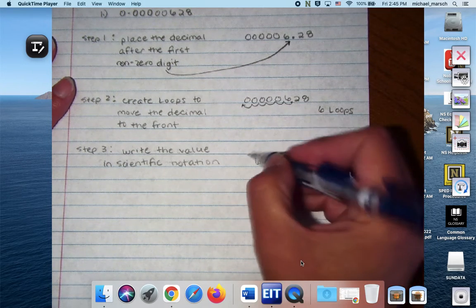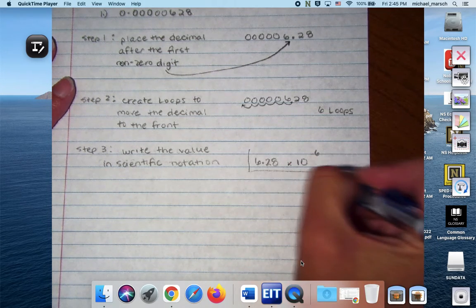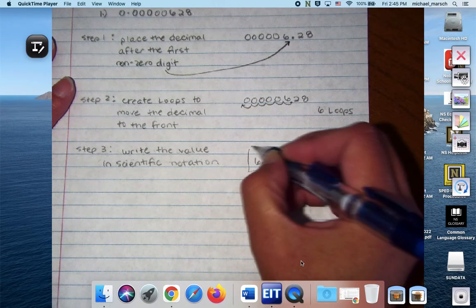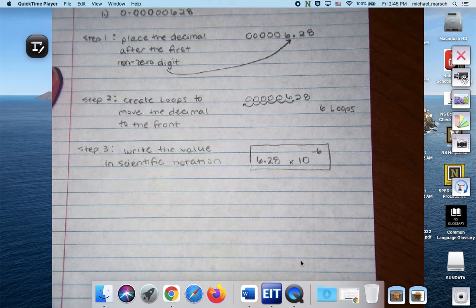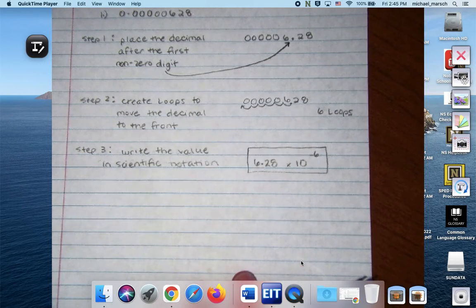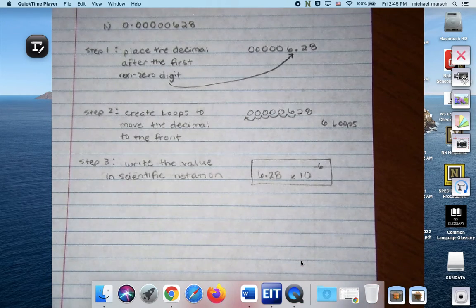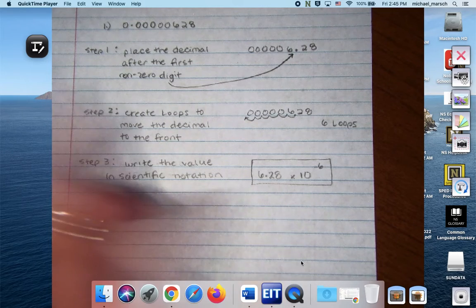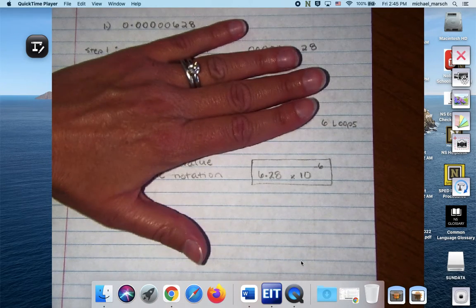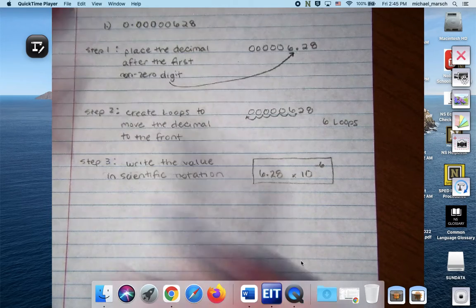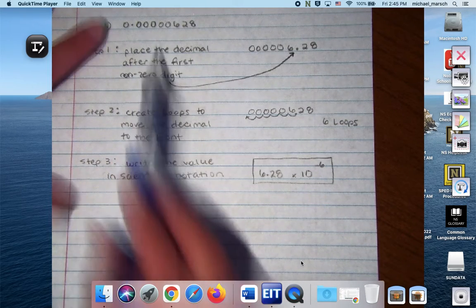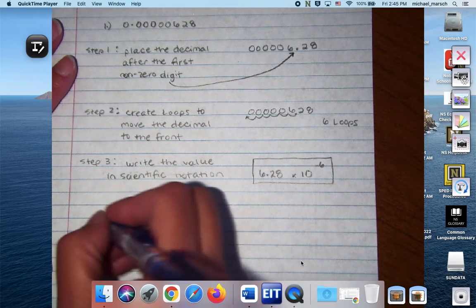Why, Chris? Because I'm moving to the left. Nice. What this tells me is that if I wanted to recreate this number in standard form, I would move this decimal 6 places to the left, and I'd end up where I started. So that's one way to think of it.